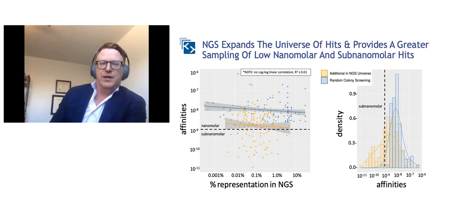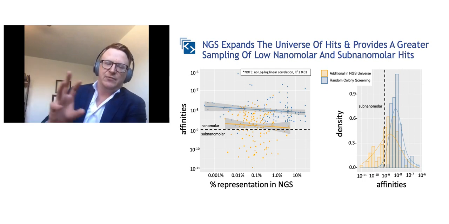And so one thing that came up that we were interested in is, if we consider the percent abundance, and again, this may vary from selection to selection, the percent representation in the NGS and the corresponding affinities, there wasn't much of a correlation, at least from this selection campaign.